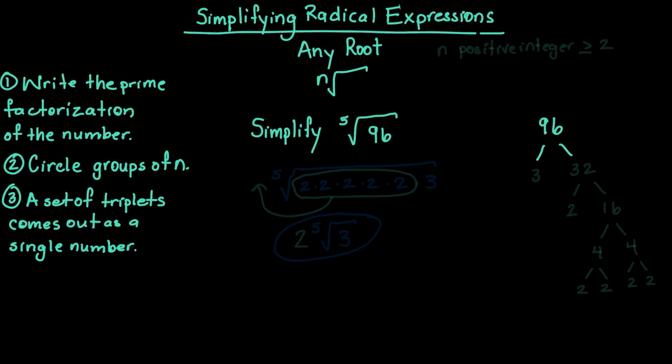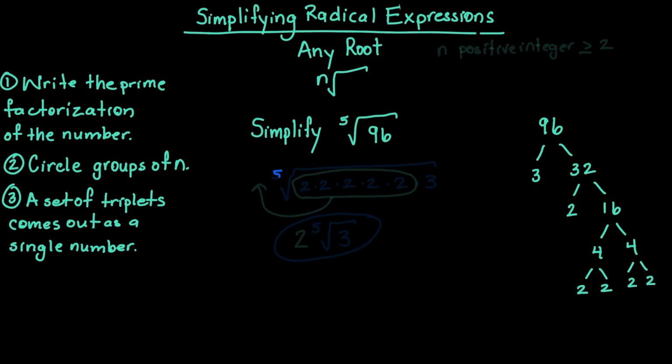96 is divisible by 3. 9 plus 6 is 15. 15 is divisible by 3. So 96 is divisible by 3, and it's 3 times 32. 32 is even, so it's divisible by 2. 2 times 16. 16 is 4 times 4, and each 4 breaks into 2 times 2.